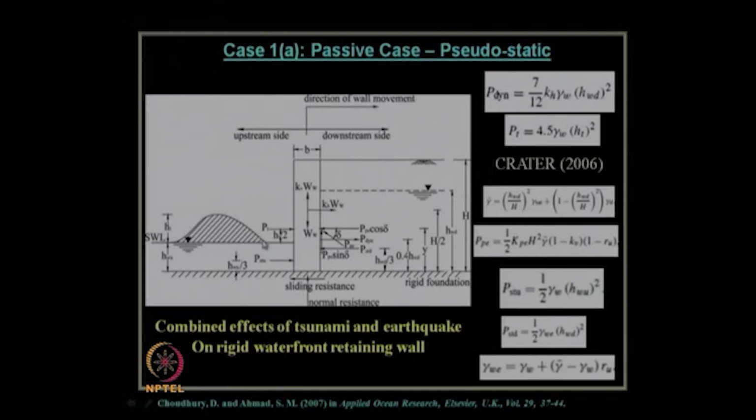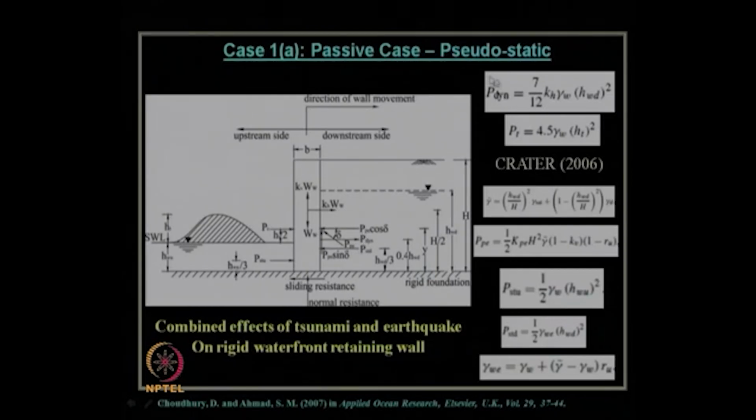This is the height above the still water level, which is the height of the tsunami, and this is the tsunami wave pressure. Then this is the hydrostatic water pressure. These are the inertia forces acting on the wall, and this is the weight of the wall, along with the passive earth pressure acting from the soil side.